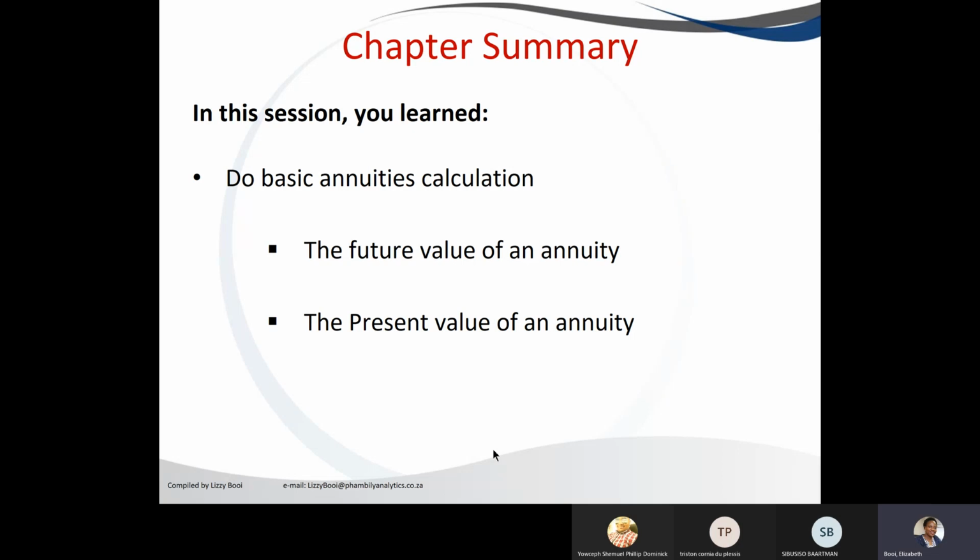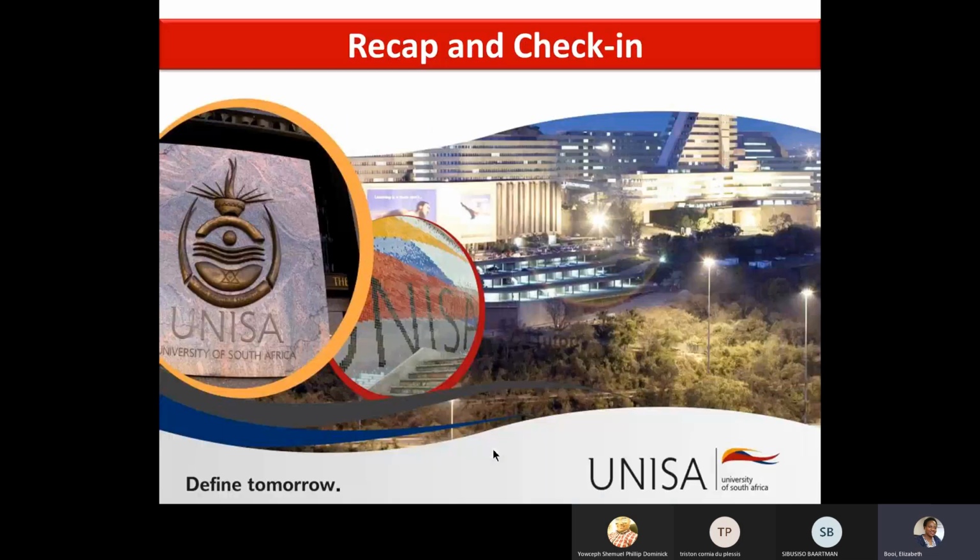We looked at how we calculate the future value of an annuity and the present value of an annuity. Unfortunately, we didn't have enough questions for the future value of an annuity, but those who are using the financial calculator, the steps are almost the same. Those who are using manual calculators, you just need to know which formula to use and what you need to compute.